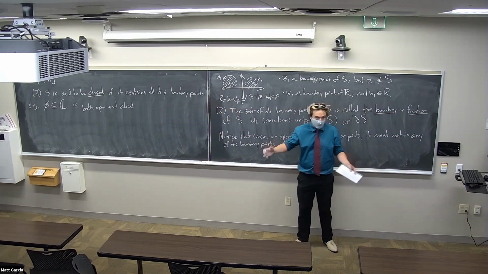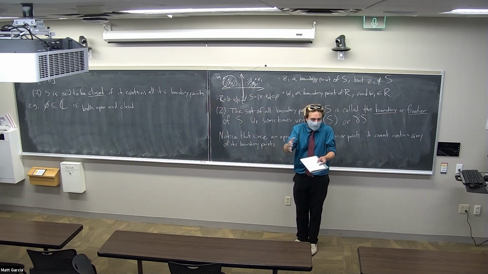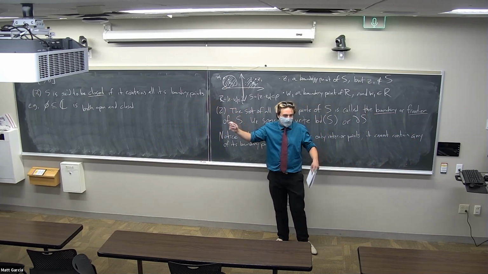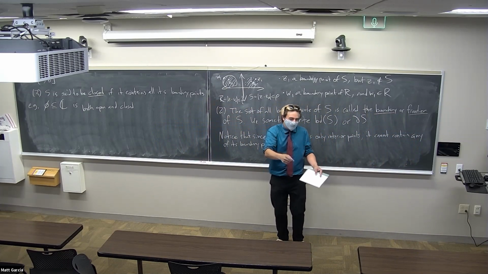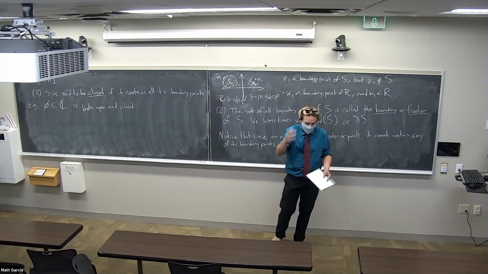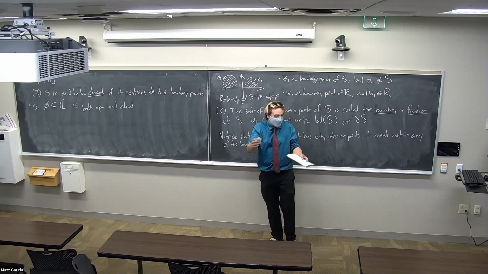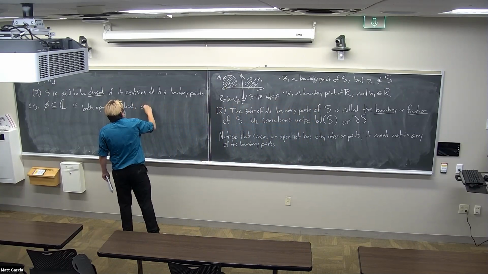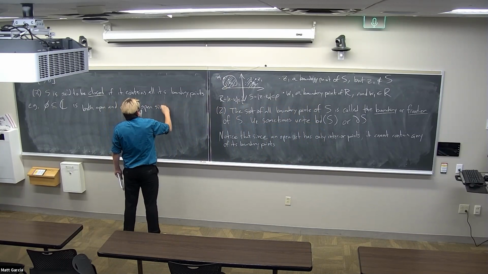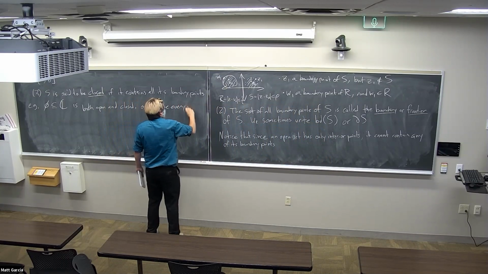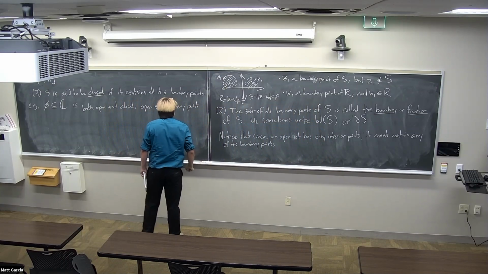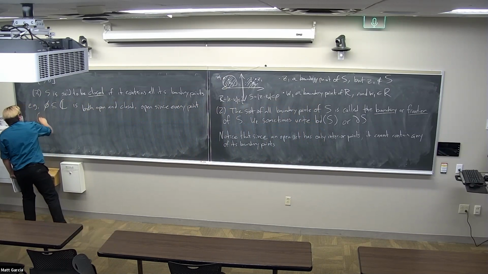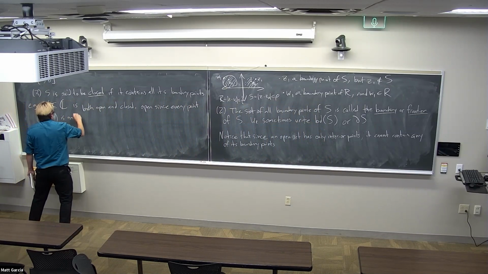But you don't say that any point is an interior point because there are no points. That's kind of a pedantic thing, but the point is that there are no points. Open, since none is an interior point.